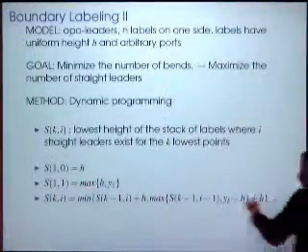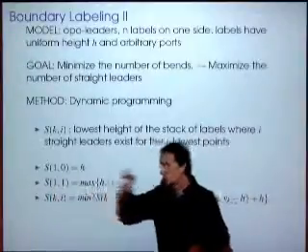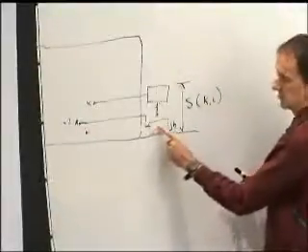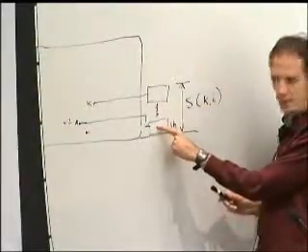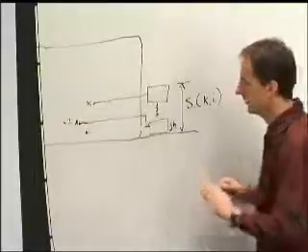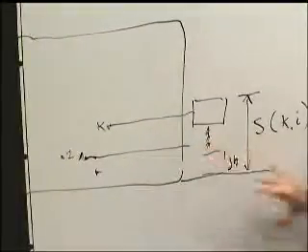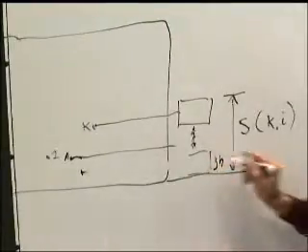The next is 1, but 1 straight. So if the point is down here, then the first label is here. But if it's up here, and this should be straight, then you move that label a little bit up.